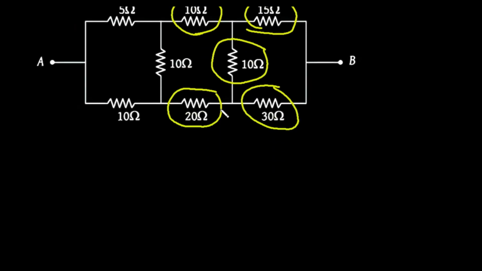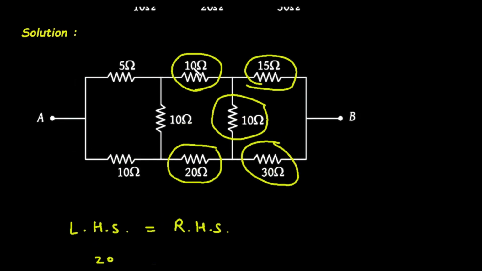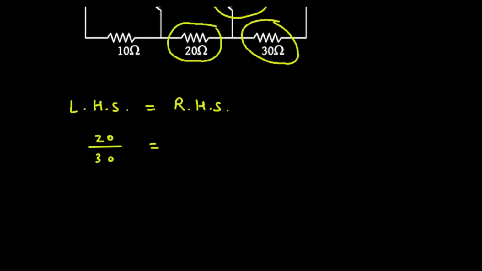We will simply divide 20 by 30. So here we can write LHS, left hand side, is equal to RHS. So here 20 divided by 30 is equal to 10 divided by 15.